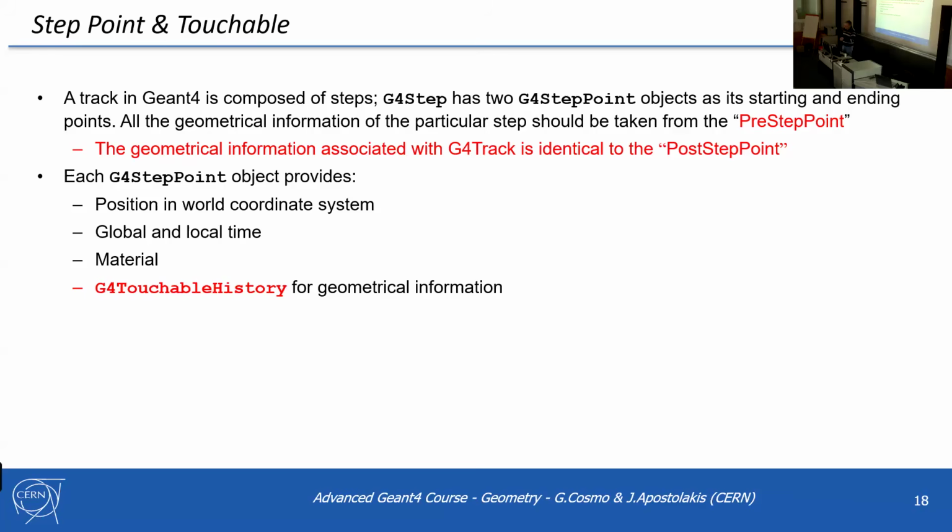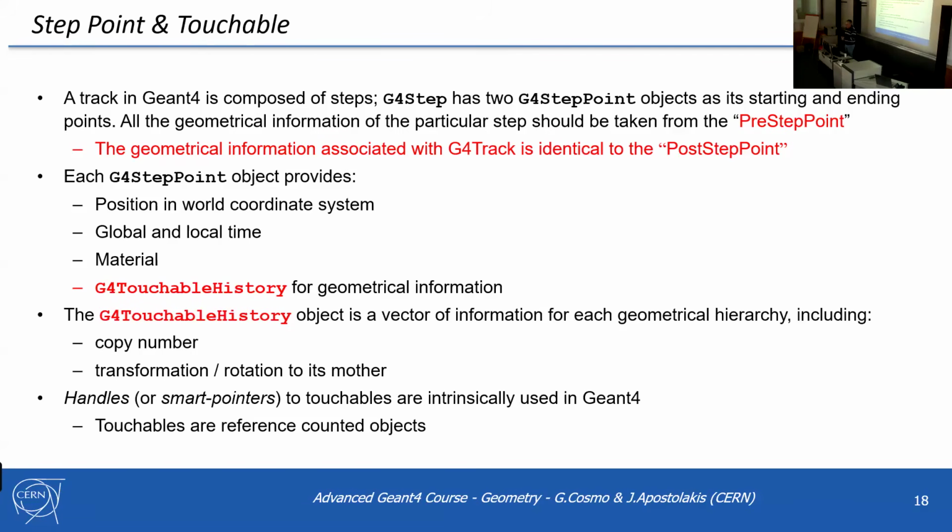So it's always good to start from the pre-step point. Each step point provides the position in the world coordinate system, global and local time, the material that applies to the volume where the particle is placed, and a handle called the touchable history, which gives you all the rest of the information of the geometry that you may need.